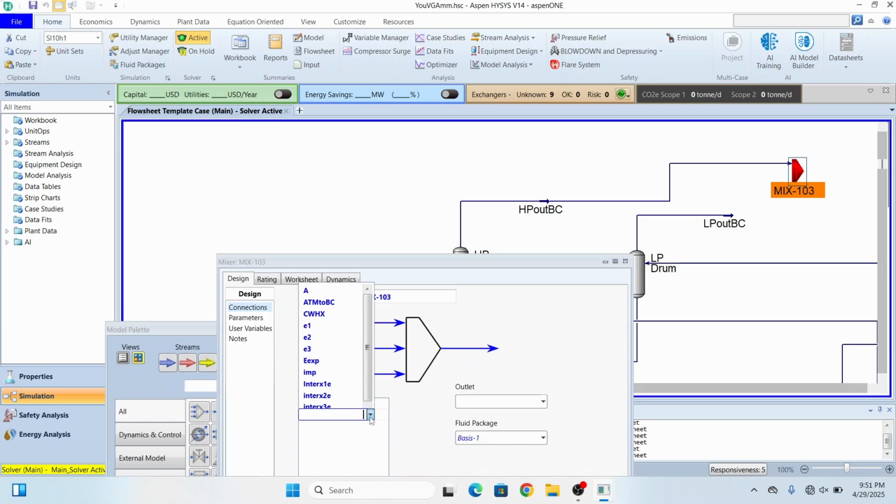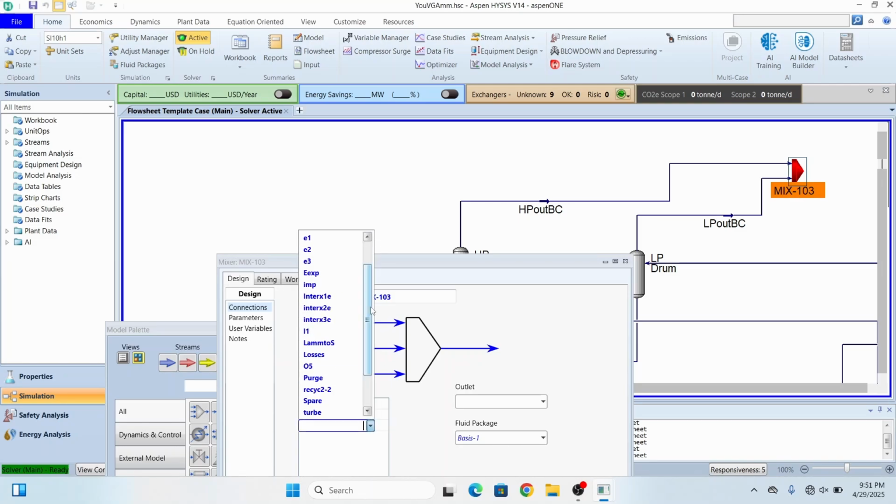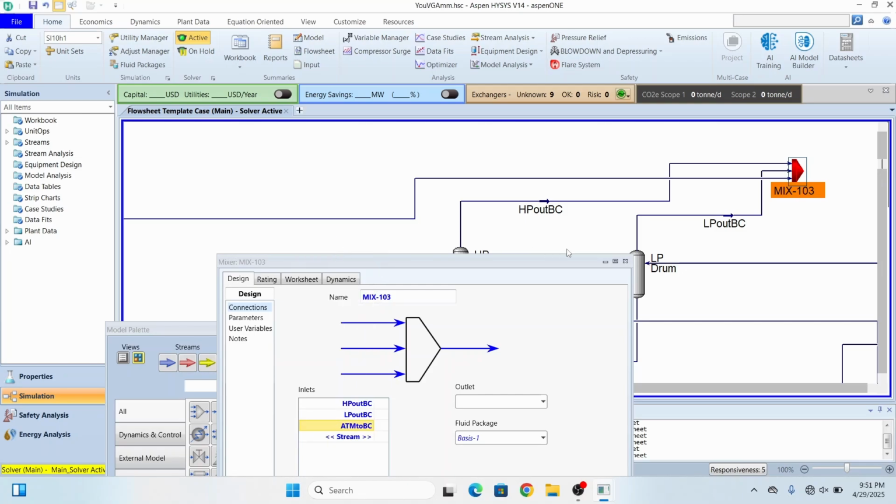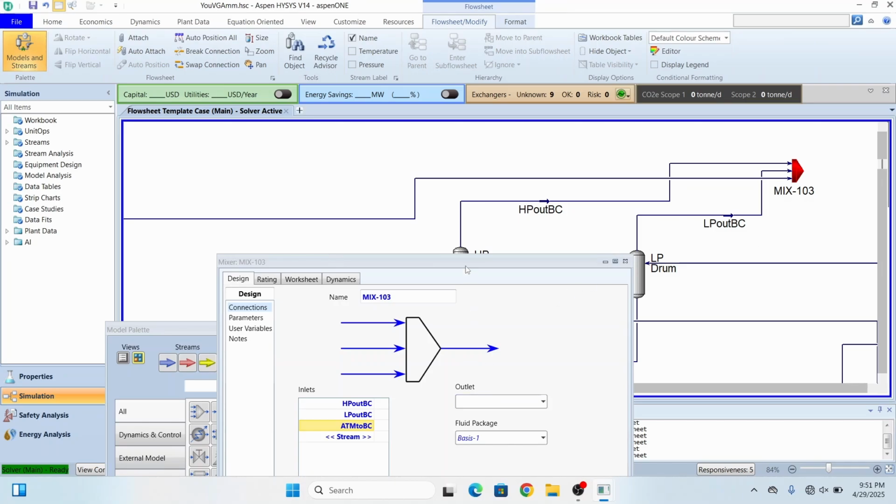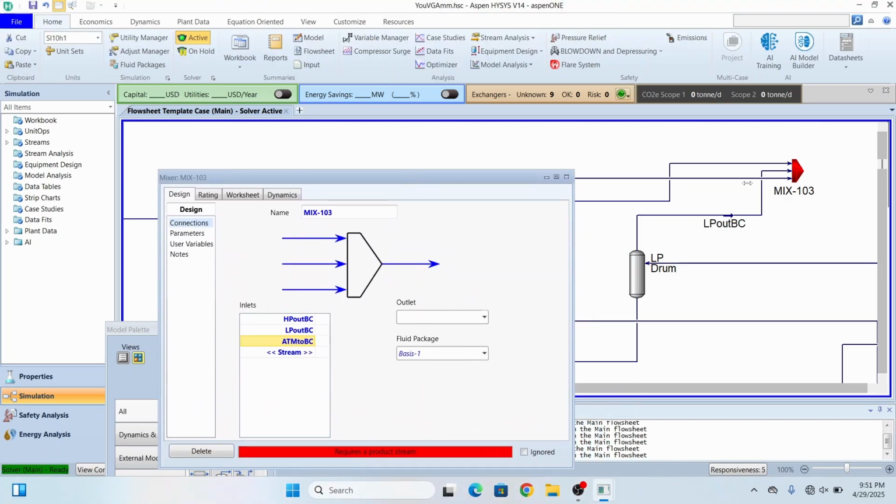Second one will be low pressure out PC. And its third stream will be the atmospheric drum to PC. So that is the third.